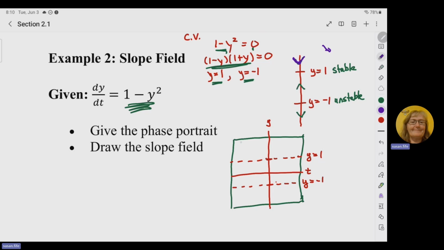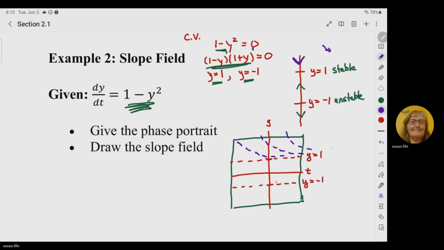You're going from left to right. And I'm just going to draw these little marks going down. As I get close to y equals 1, my slope is going to start getting closer and closer to 0. So it's going to level out like this. It's going to come up, and then it's going to start leveling out. I'll do one more like that.